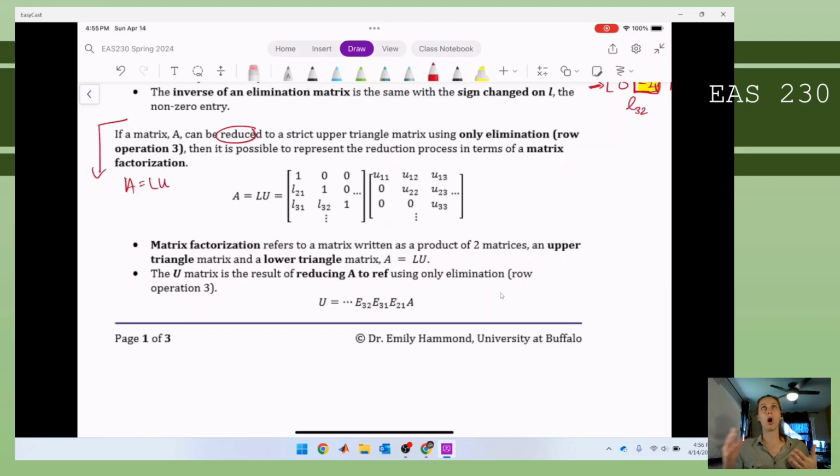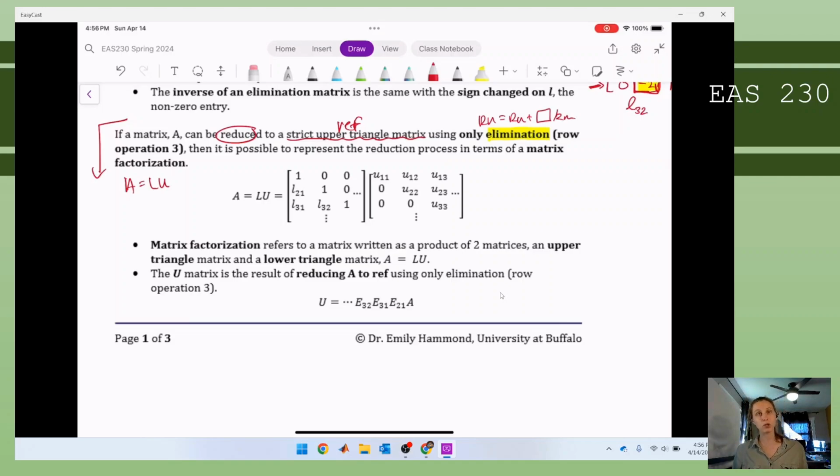When we get to REF using Gauss elimination, we are reducing the matrix. So if it can be reduced to a strict upper triangle matrix, that's essentially REF, using only elimination, only row operation 3, only Rn equals Rn plus some multiple of Rm.